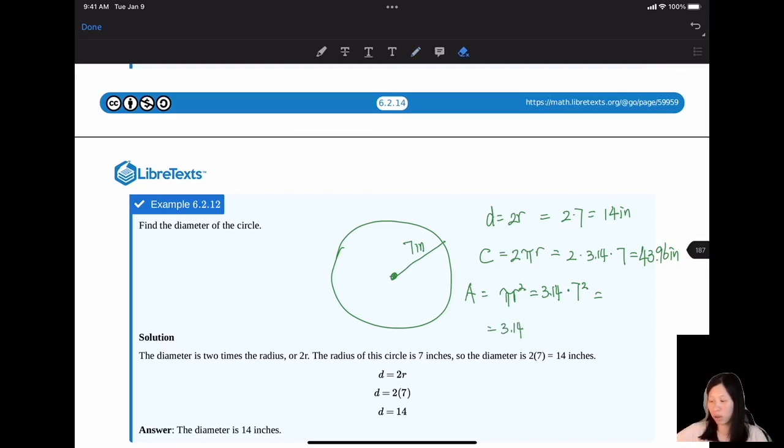You want to use 3.14 times 49, which equals 153.86. We're not done. We still need to put the unit, which is square inches.